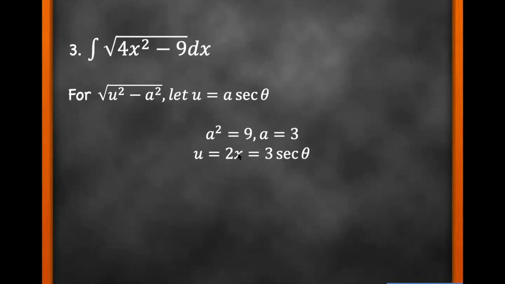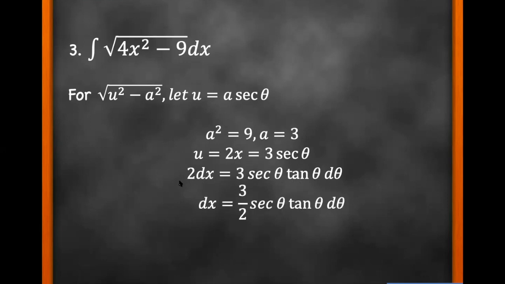So we need to also replace dx by finding the differential, or the derivative of this. So we have 2dx equal to 3 times secant theta tangent theta d theta. This is the derivative of 3 secant theta. Okay, so to replace dx, we divide both sides by 2.